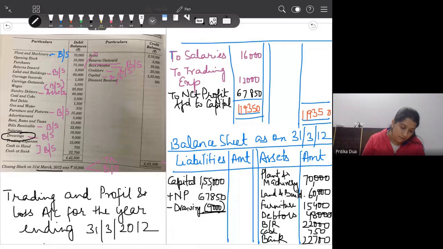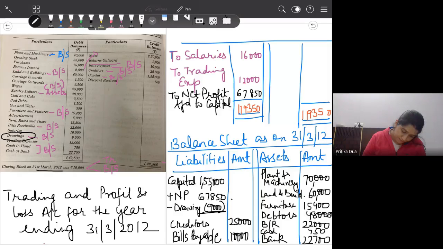Besides this, you have creditors and bills payable. To 13,850.